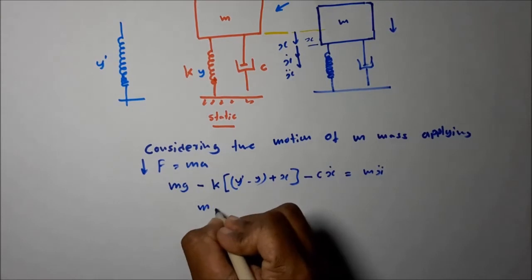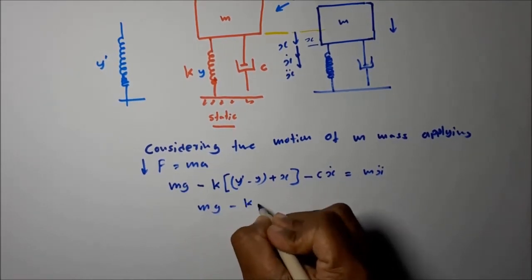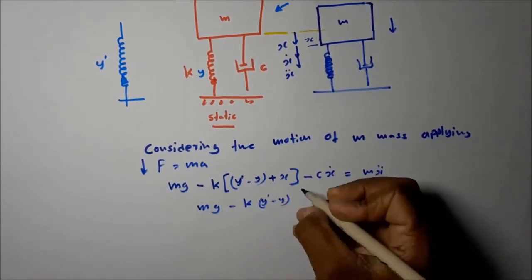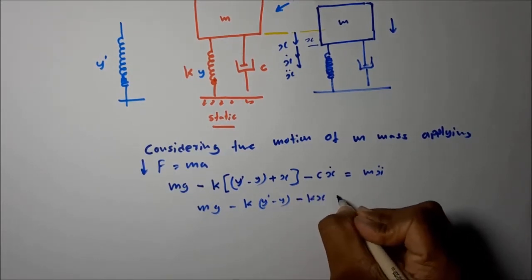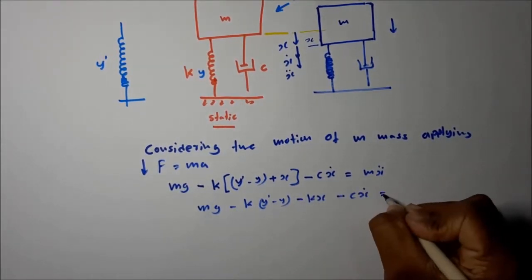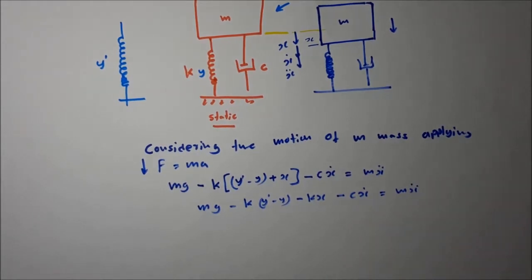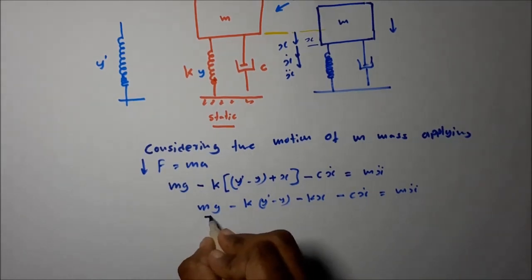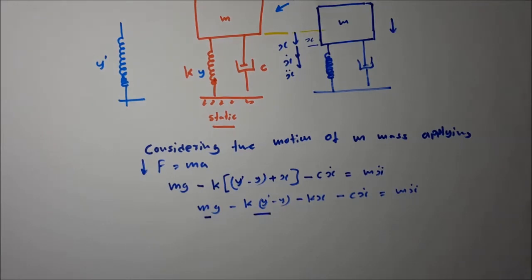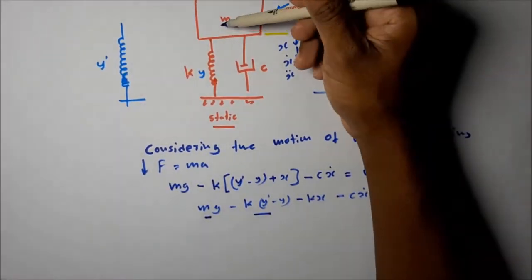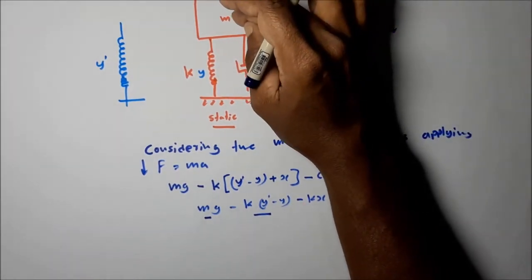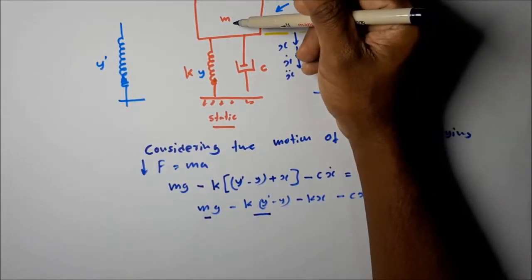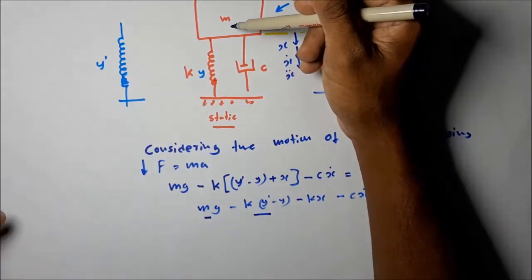Then we can further simplify this equation. mg minus k(y dash minus y) minus kx minus c x dot equals m x double dot. Here you can see the mg and k(y dash minus y) are equal, no? Consider the static equilibrium in this situation.